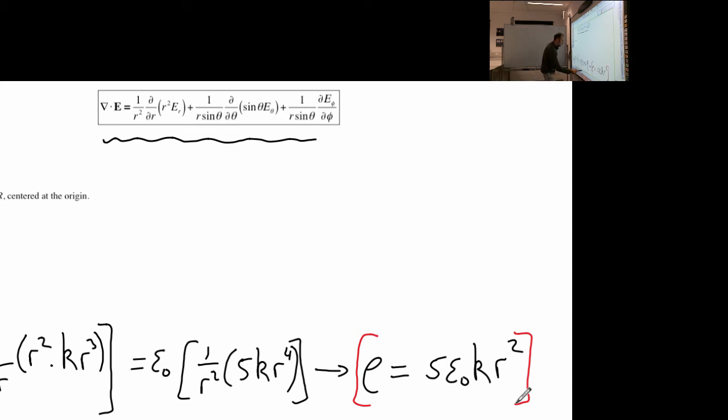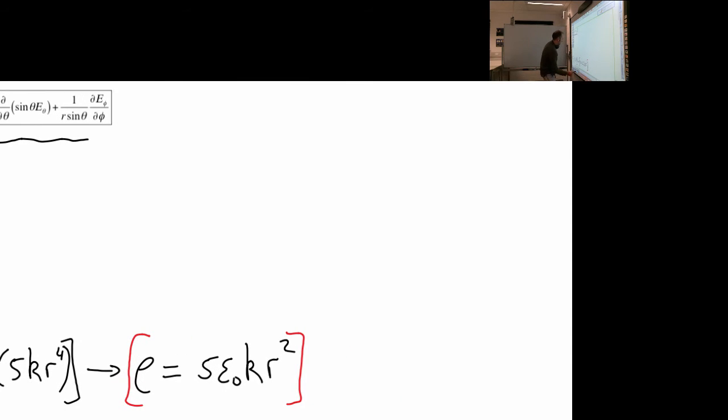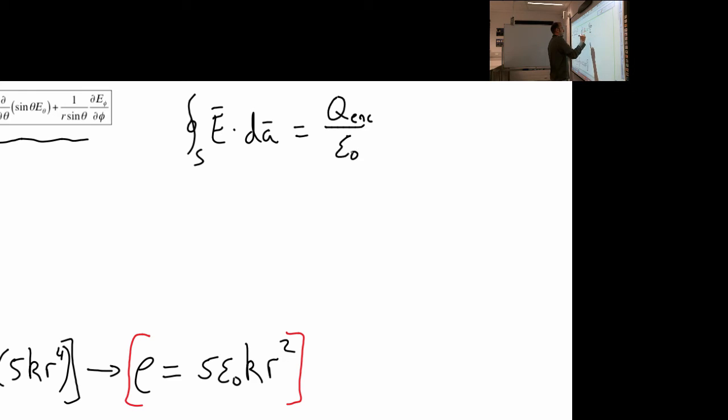In the other part of the question, what we want to do is to determine the total charge contained in a sphere of radius r centered at the origin. Okay, so what do we have here? Well, we just write down Gauss's law, so we have our surface integral of E dot dA is going to be equal to total charge enclosed over epsilon naught.